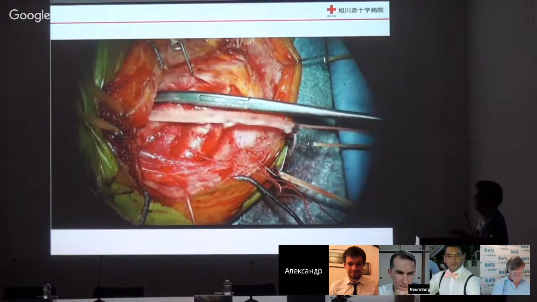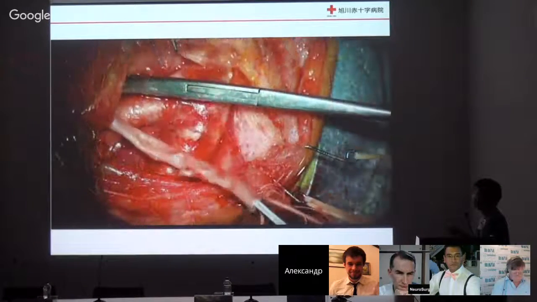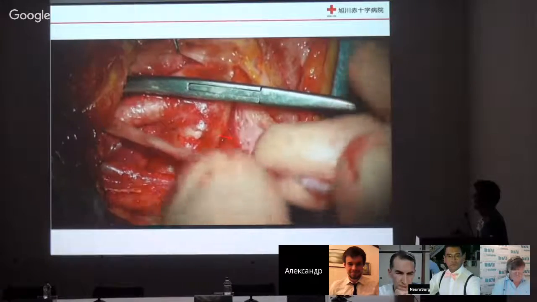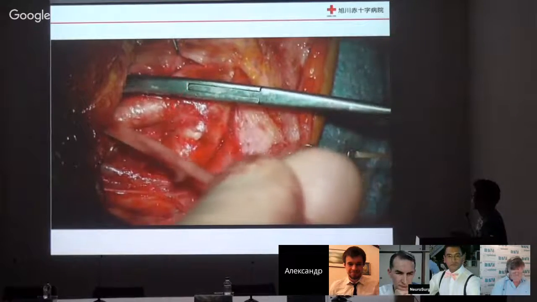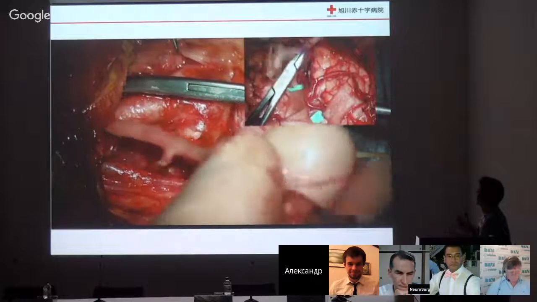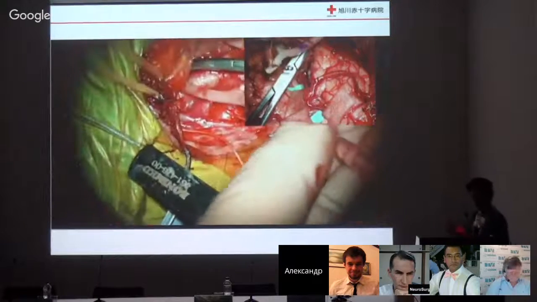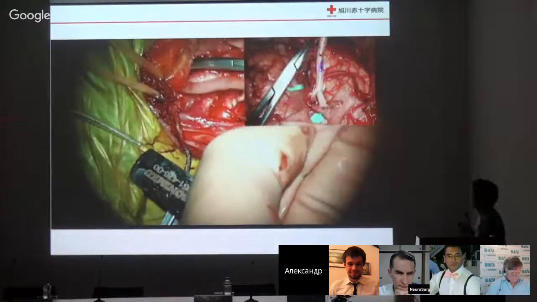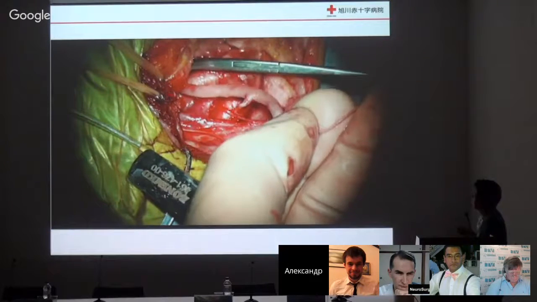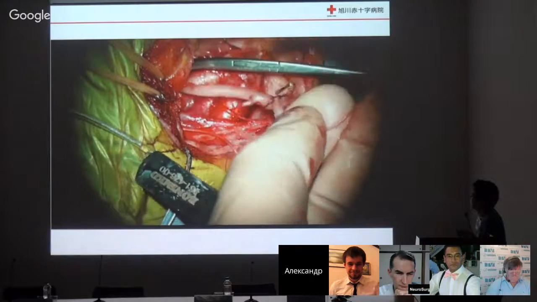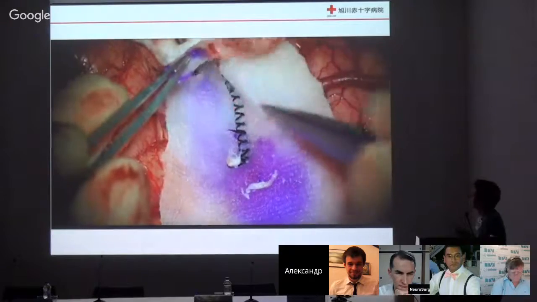Then we can easily route the graft from cranium to cervical. Then inflate with heparin to resolve kinking or twisting. This is a very important procedure.